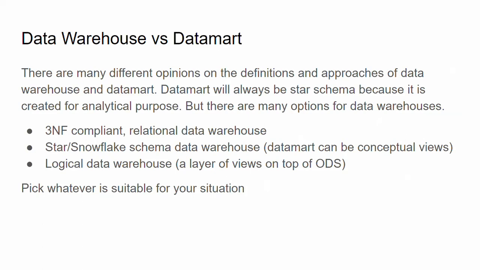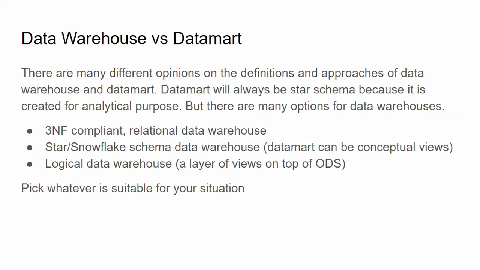The first one is for data warehouse. It will be a third normal form compliant relational data warehouse. No matter which option you choose, the data warehouse should always contain all historical detailed information, right? Just that in the first option, it's a third normal form compliant relational data warehouse.